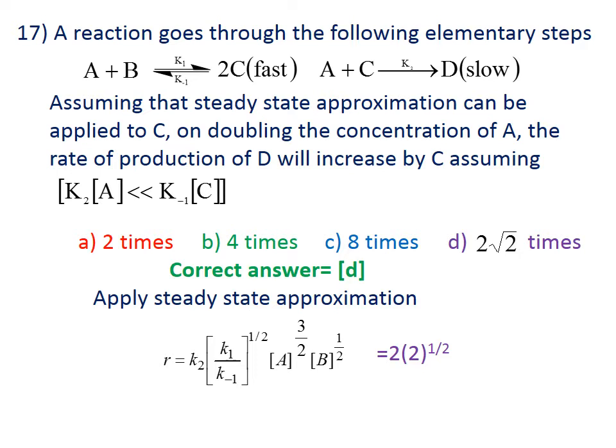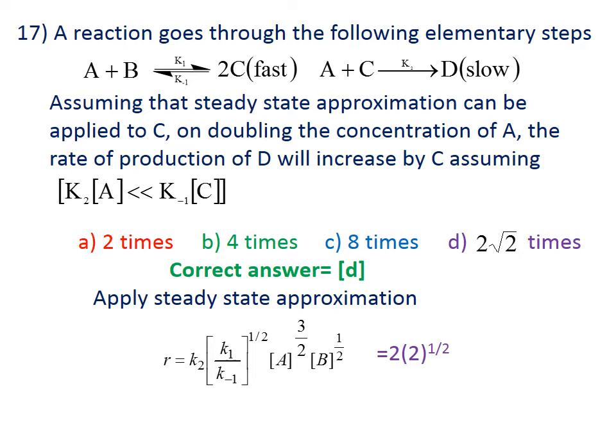Assuming that the steady state approximation can be applied to C, on doubling the concentration of A, the rate of production of D will increase by how much, assuming K2 into concentration of A is very much less than K minus 1 into concentration of C. The correct answer is D, 2 into root 2 times.